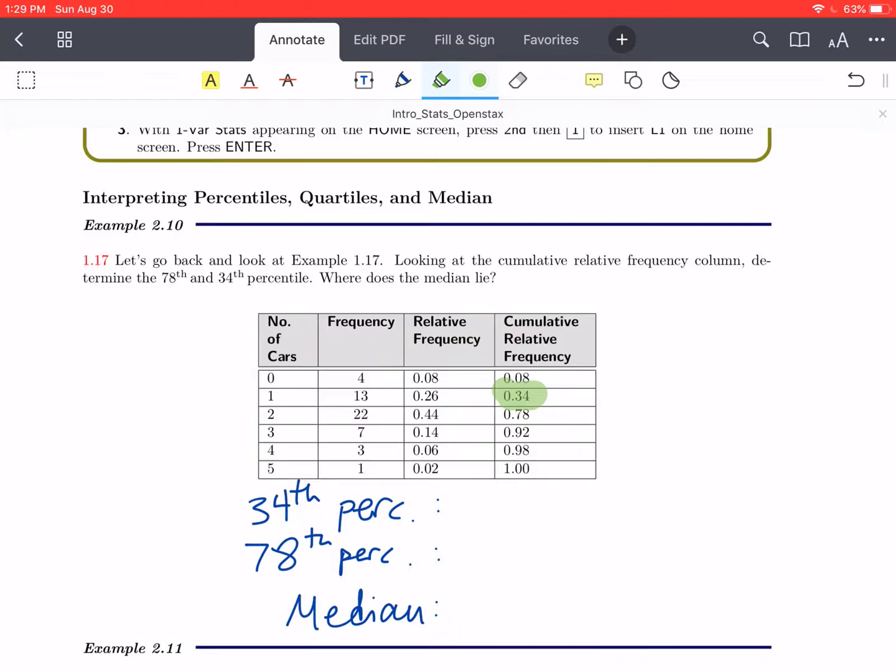So that means the 34th percentile is going to be 1 car. Then the 78th percentile, so 78% of the data lie beneath that value. So that means that the 78th percentile is 2 cars. Okay, so 78% of people have 2 cars or fewer.